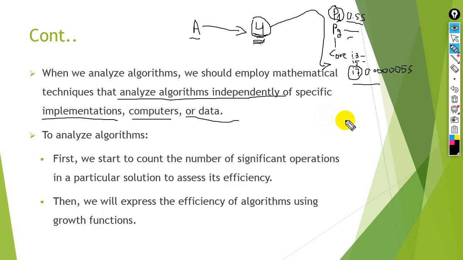For example, here we write an algorithm: x is equal to 0, while x is less than 5, x plus plus.